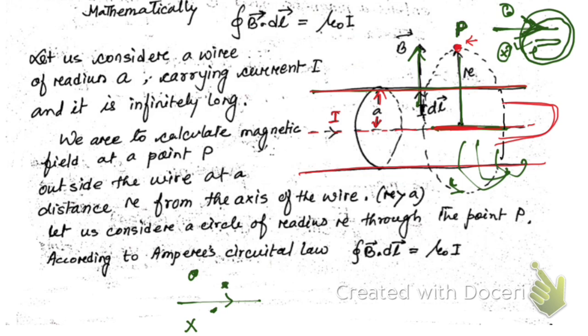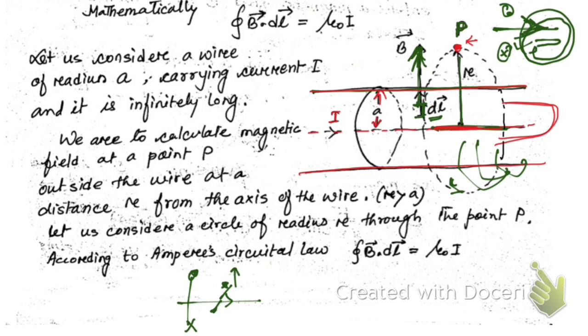This is up, down, front, back. On that side the magnetic field will be upward, according to the right hand thumb rule. In that direction we have considered a very small length element dl, and taking this one as a vector.